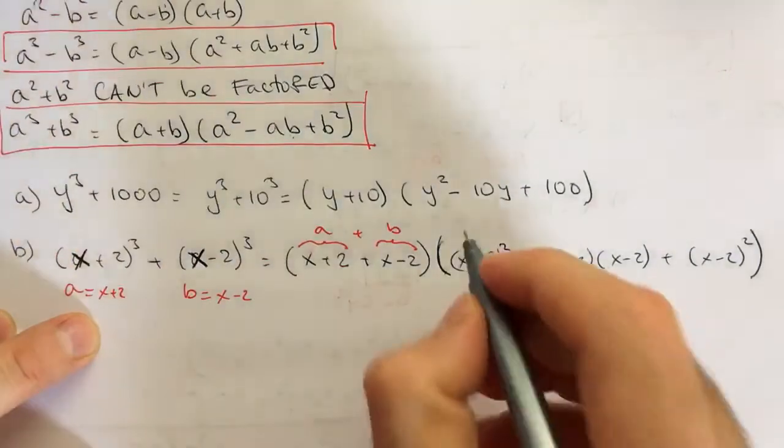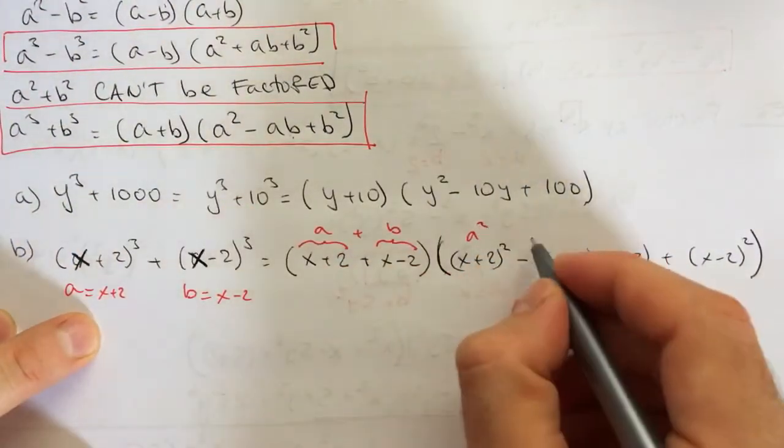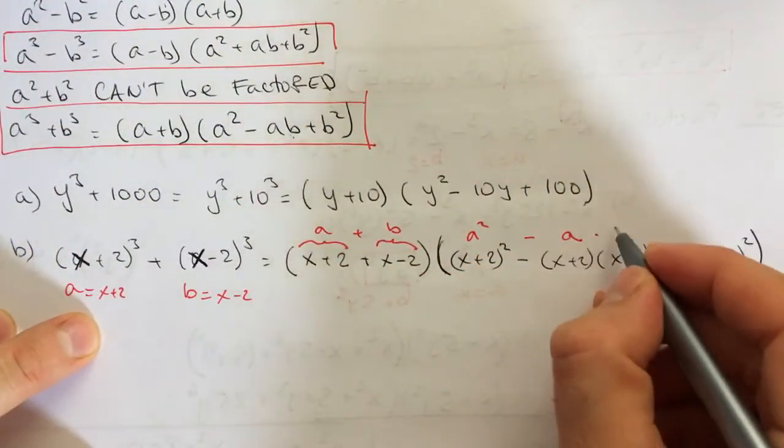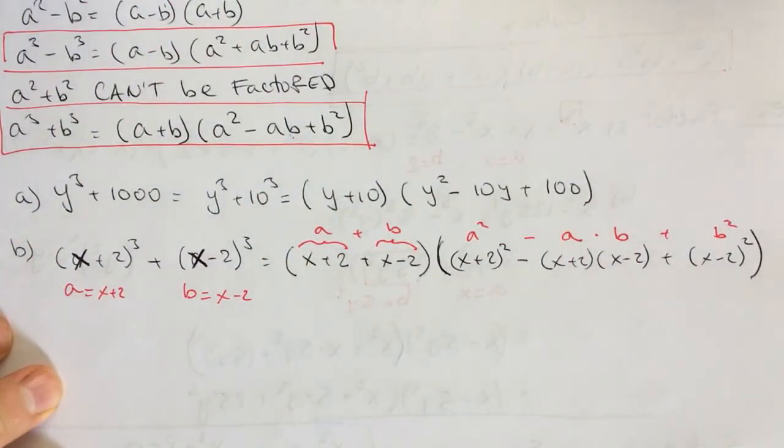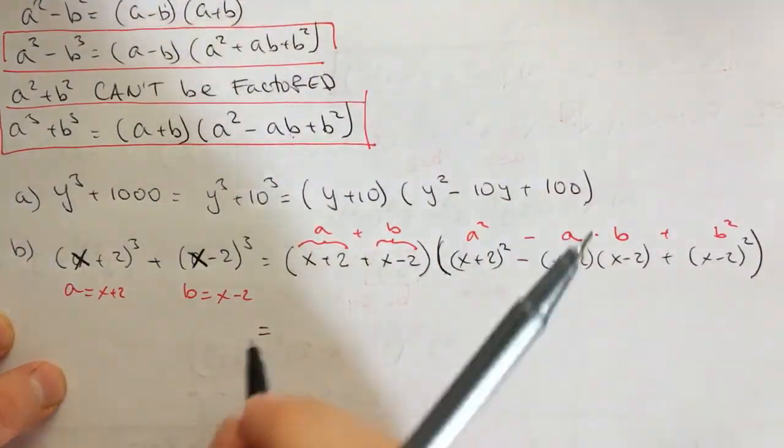So this stands for a squared minus a times b plus b squared. And now I just need to simplify this expression a little bit.